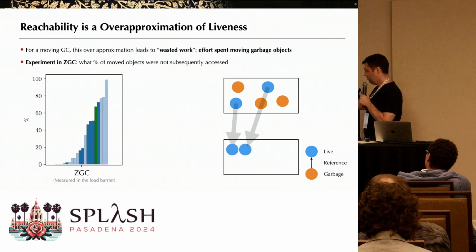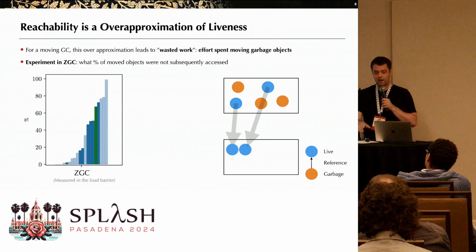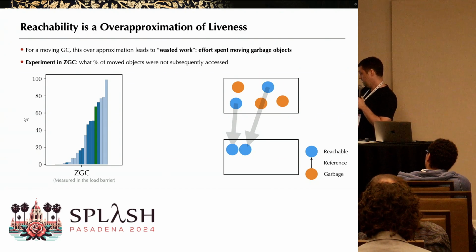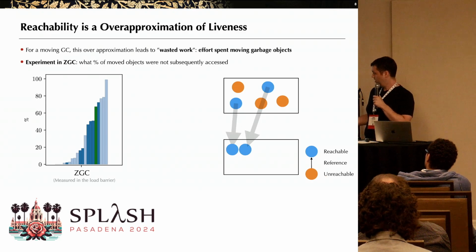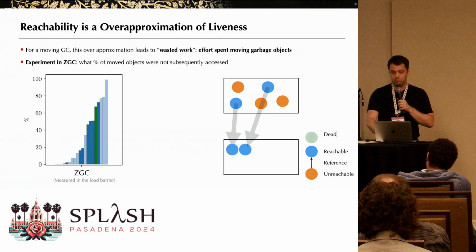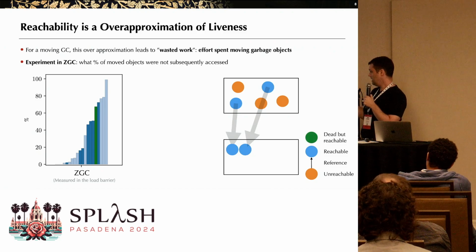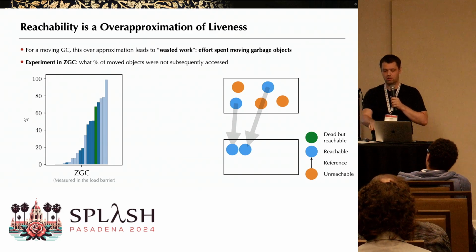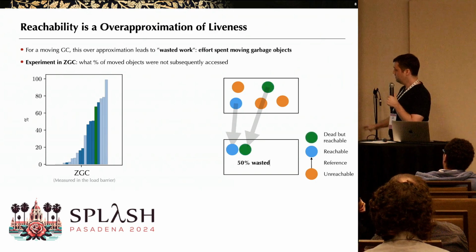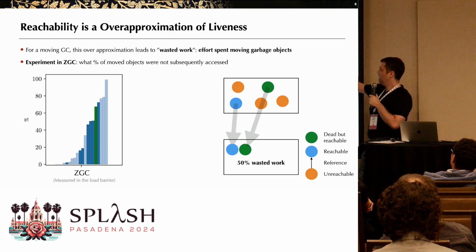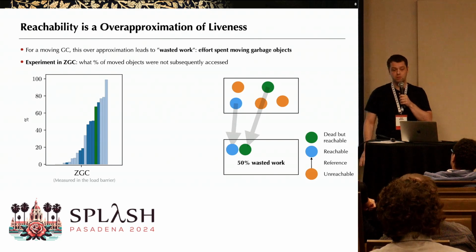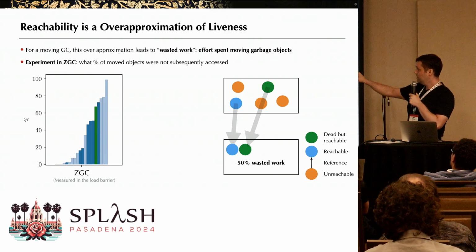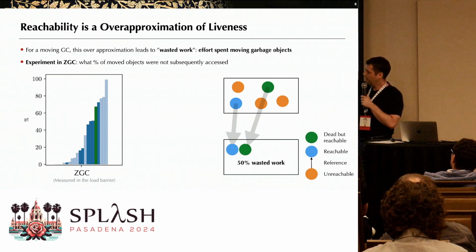To make a more precise definition, live really means reachable and garbage really means unreachable. Then we would have to add another notion: objects that are dead but reachable. So in reality, we can have reachable but dead objects, but we would still have to relocate them.